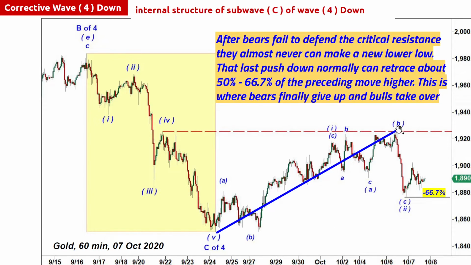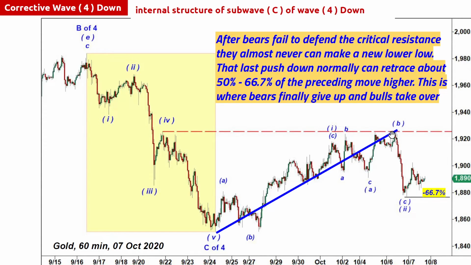Here we got invalidation of the bearish count. But that did not mean that price would go up parabolically. What normally happens when bulls manage to violate the top of the preceding pullback is that bears try to pretend like nothing happened.